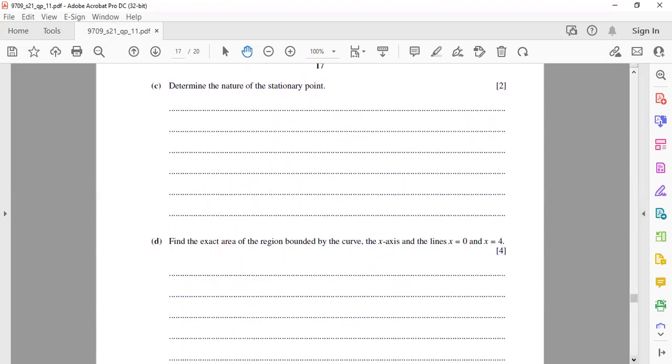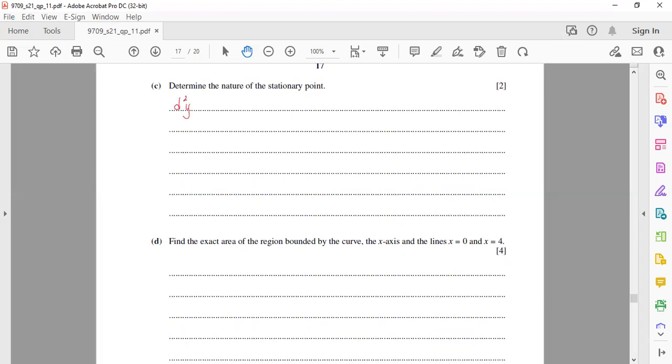But C, determine the nature of the stationary point. So to find the nature of the stationary point, we need to find d squared y by dx squared. And depending whether it's equal to 0, greater than 0, or less than 0, we can determine whether it's a maximum, minimum, or a point of inflection.